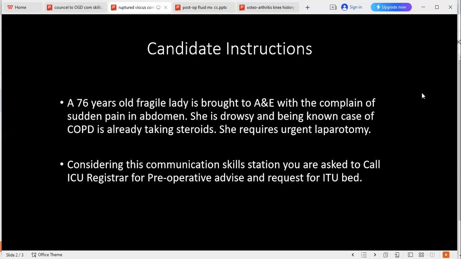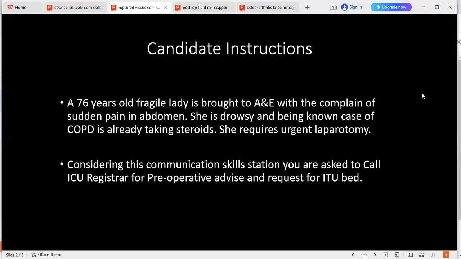I will give her 20 to 40 millimole of potassium in 1 liter of normal saline IV, over about 1 hour. I will also need to do ECG monitoring and check her serum potassium. That's correct. All right.